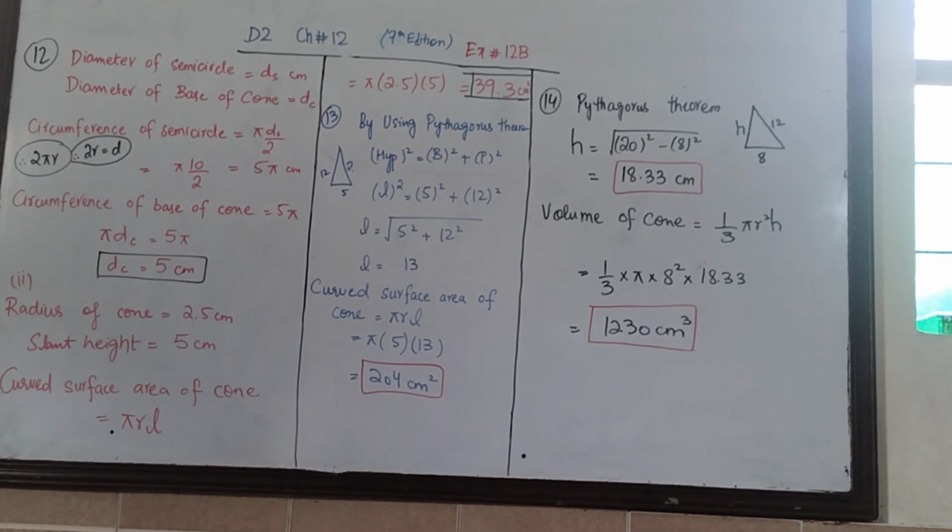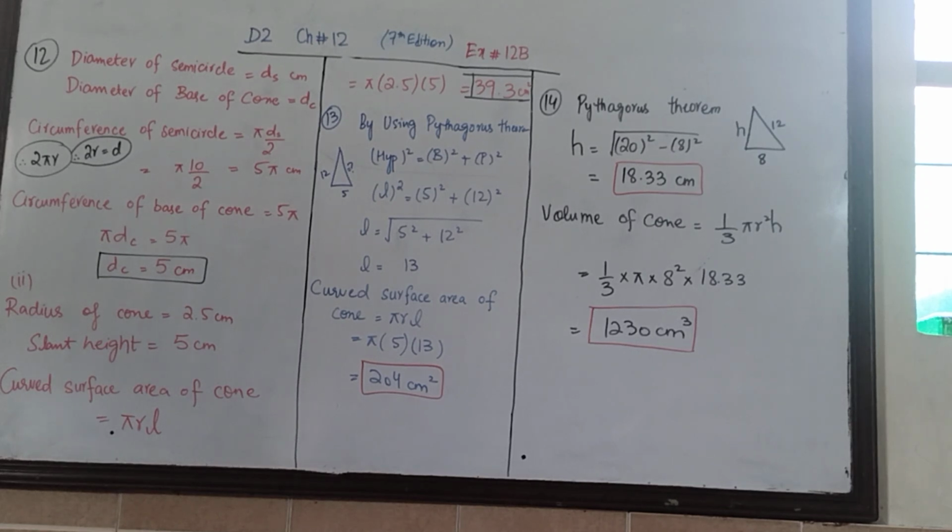Here what we are missing is, in the curved surface area formula pi rl, the l. L is the slant height, and it looks like a right angle triangle. So in a right angle triangle we use the Pythagoras theorem.